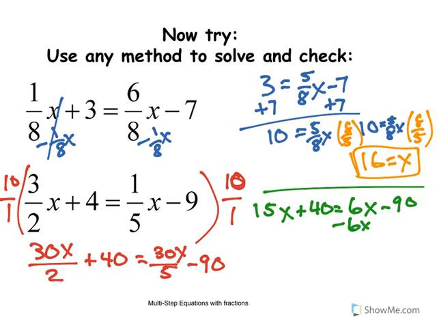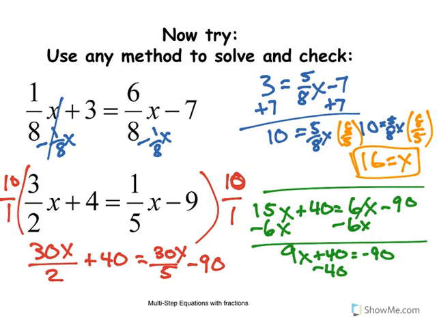I need to move my variable term. So that's 9x plus 40 equals negative 90. Let's move the 40, but I'm realizing that something looks a little bit off here.